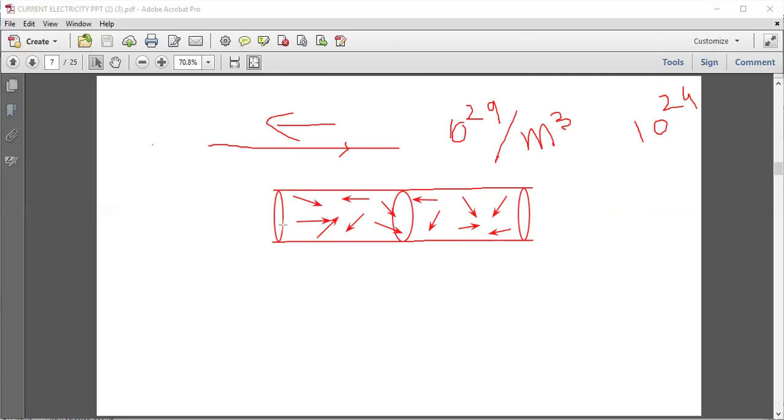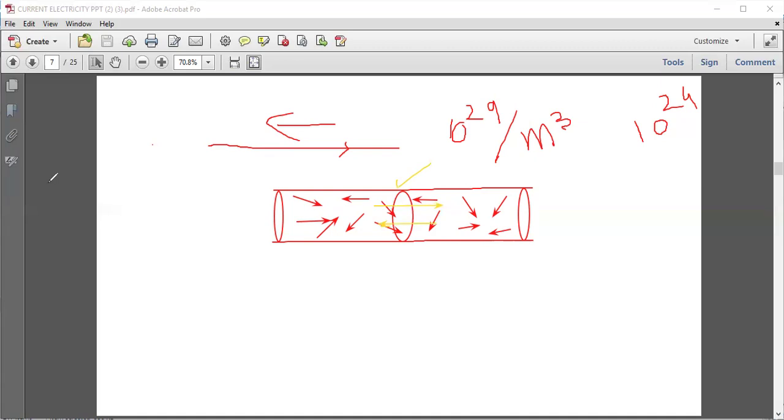You can say, in other words, that an equal number of electrons are crossing any cross section from either side. If 50 electrons cross this cross section from left to right in a given time, then 50 will cross from right to left in the same time.